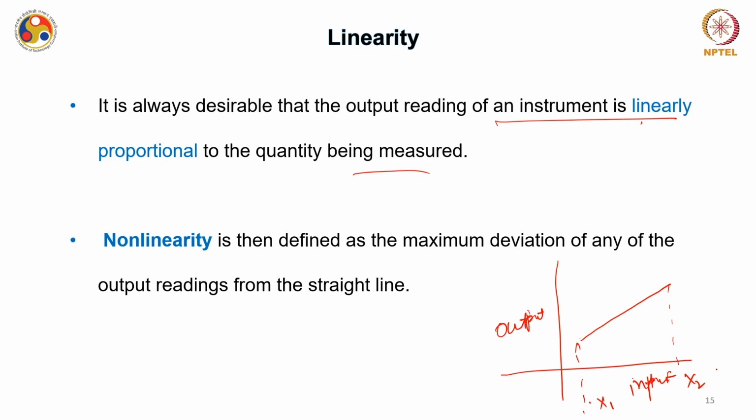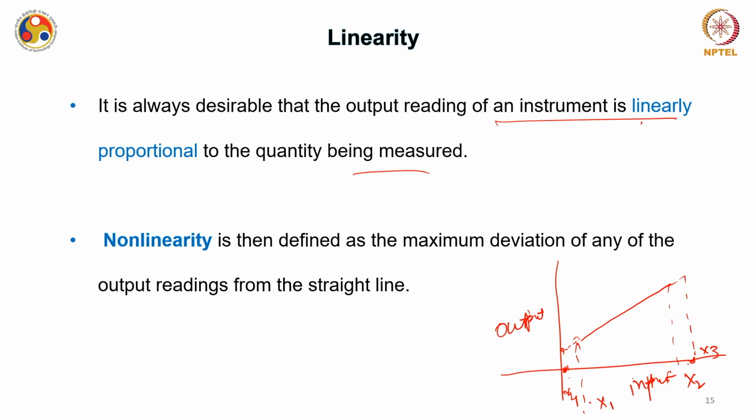Now, there are input values x3 and x4; this input is x4 and this is x3. This device has been designed to measure between x1 and x2. Now, I want to measure this x3 and x4.